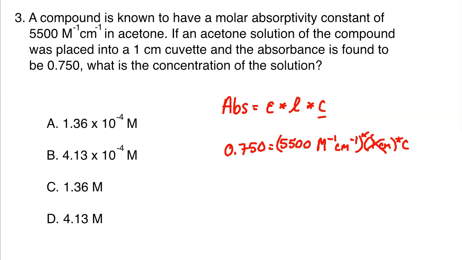So all I really have to do here is some simple algebra. The concentration is going to equal 0.750 in the numerator, and in the denominator I divide through by 5500. Okay, keep in mind this centimeter would cancel out with the centimeter that's there for the 1.